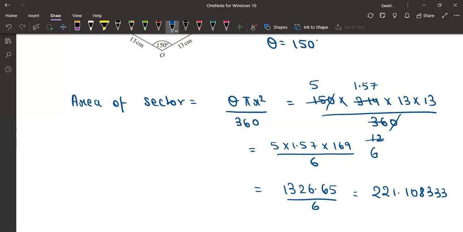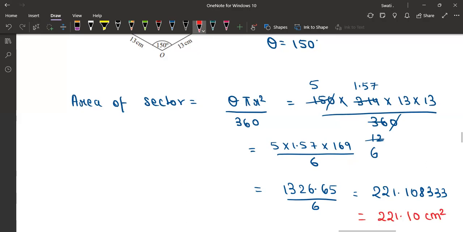You don't have to do this many calculations because you won't have a calculator. You can only solve till 2 digits after the decimal. So 221.10, that's the answer. And of course, it is centimeter square. So this is the answer of our first question.